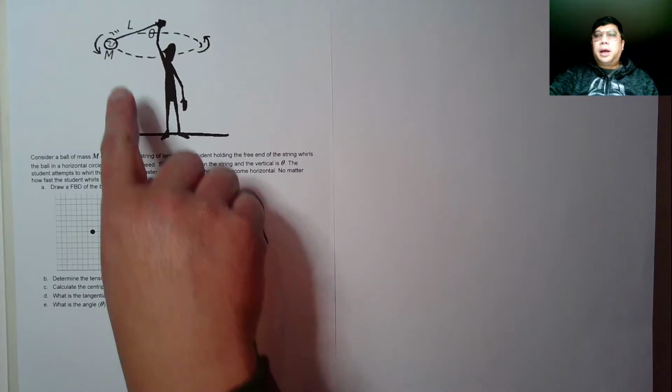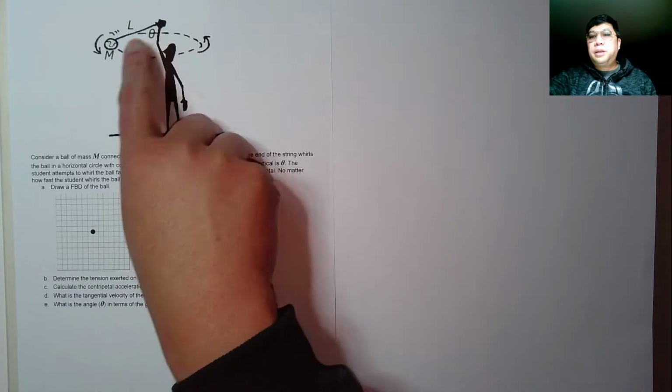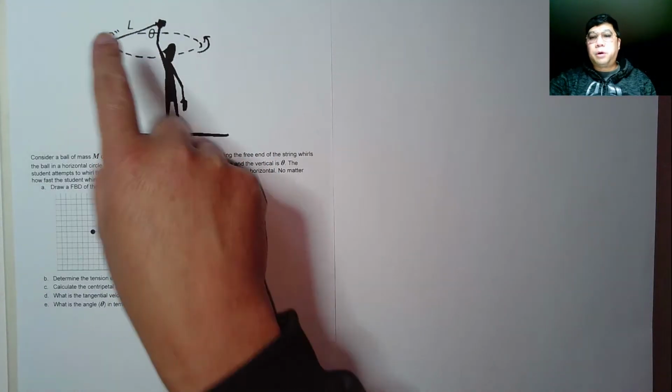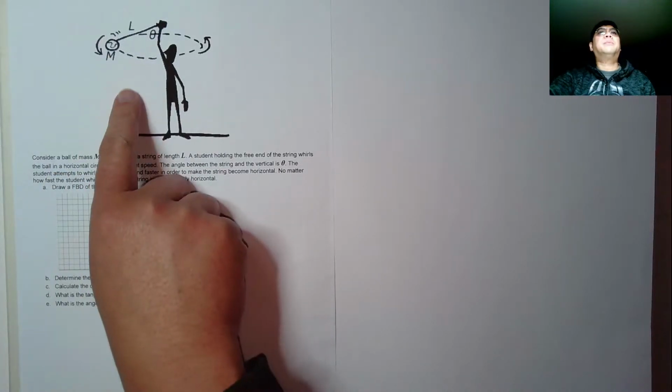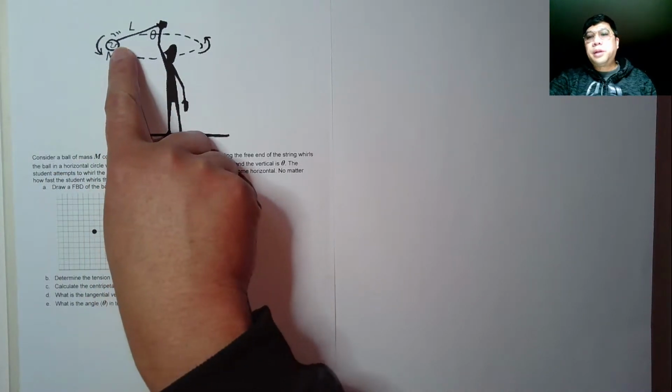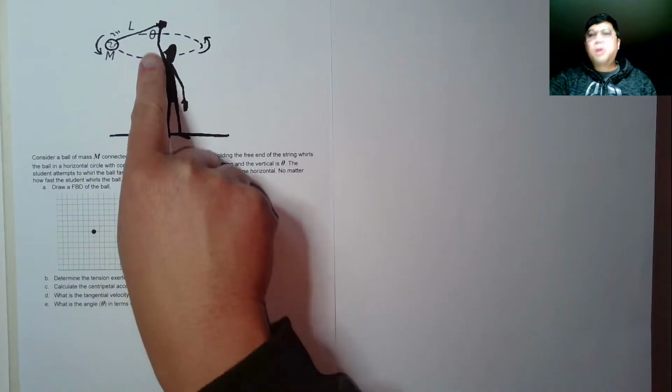Just like this illustration right here, where we have a ball. Based on this problem, it's actually a round object with a mass M, uppercase M, connected to a string with a length L, and it forms an angle.